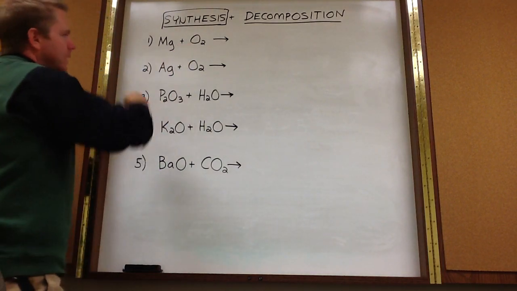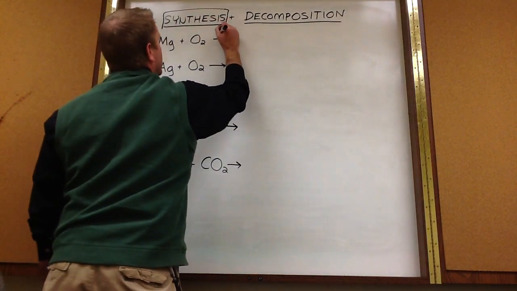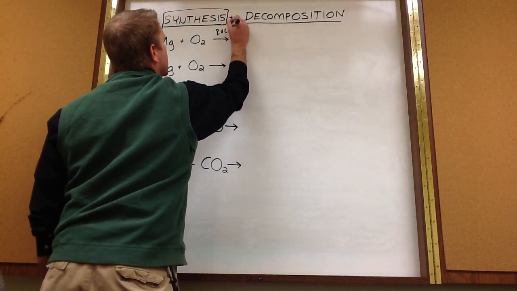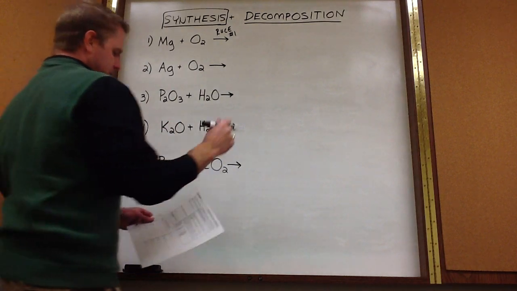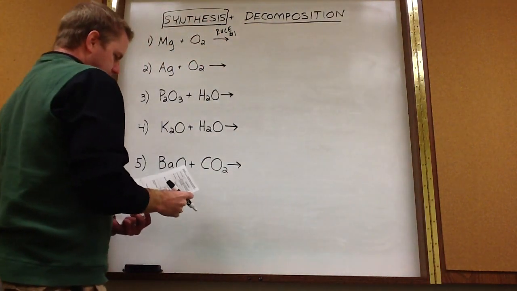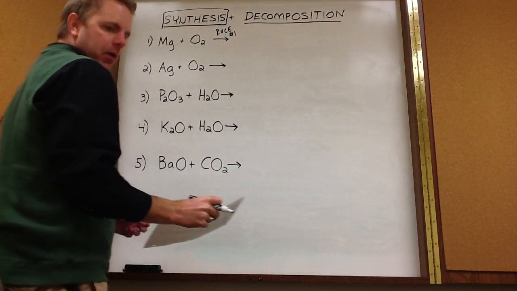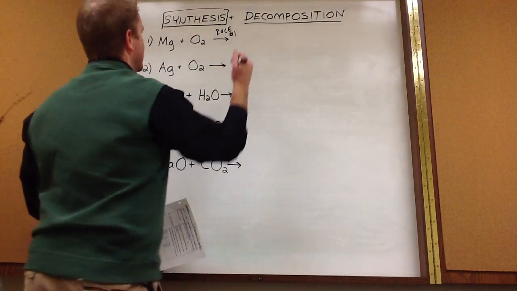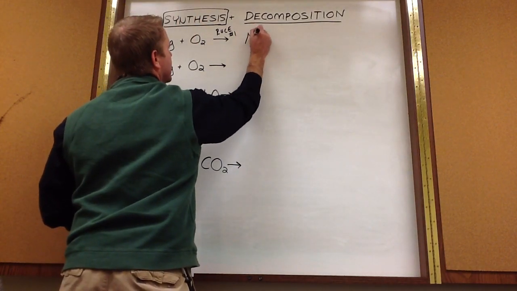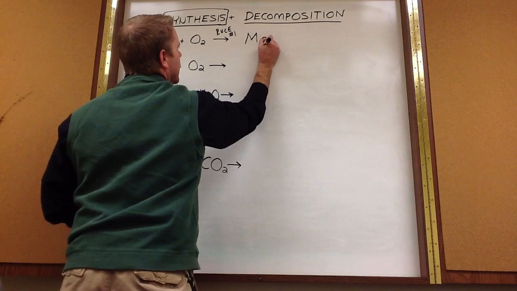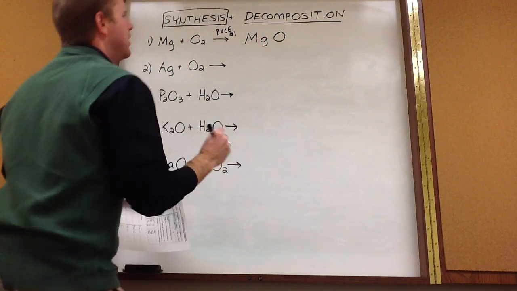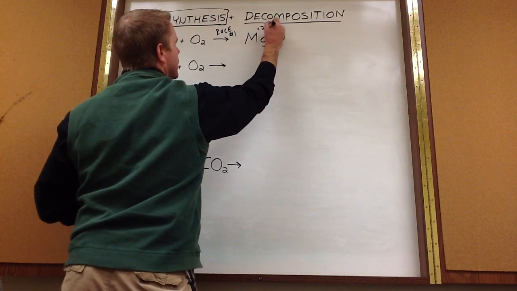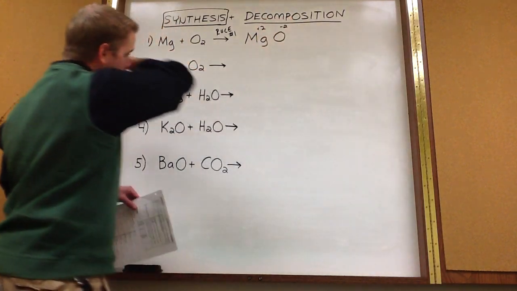The first one here is rule number 1. The magnesium is synthesized together with the oxygen. So we take magnesium, Mg, and O, and put them together. Magnesium has a +2 charge, oxygen has a -2 charge, so I've written it as MgO.